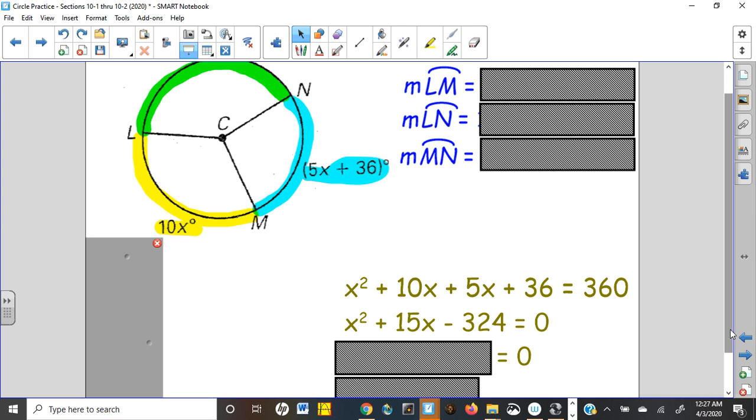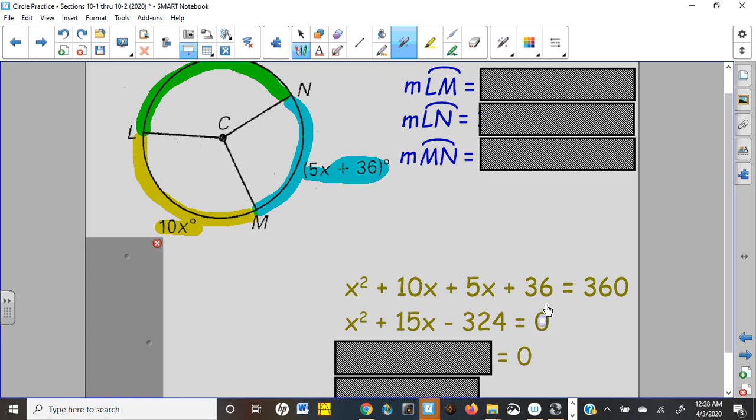Okay, they all involve the same first step though, and that first step is you've got to set it equal to 0. None of the steps work if you don't do that.